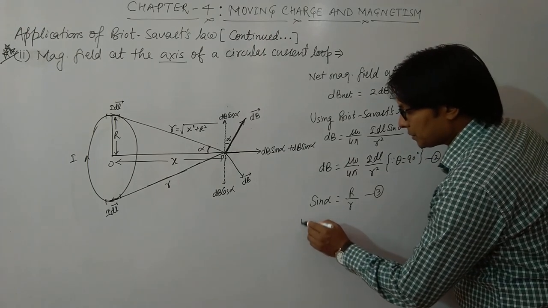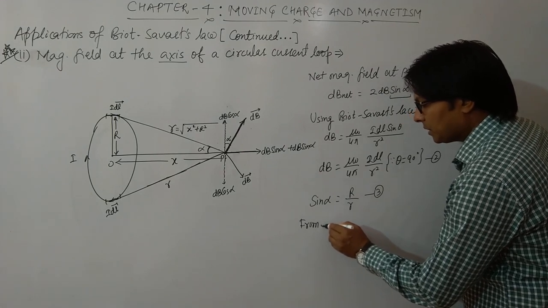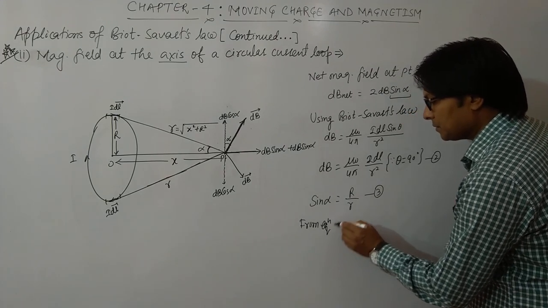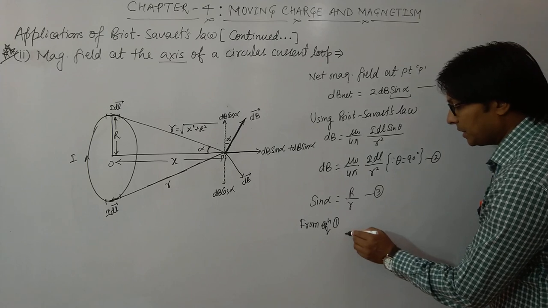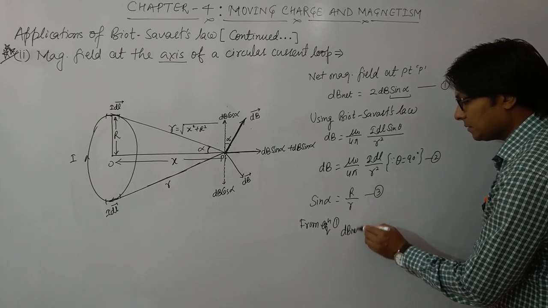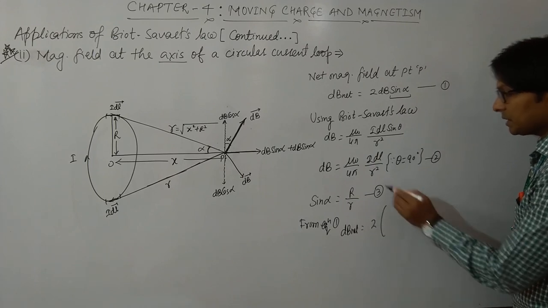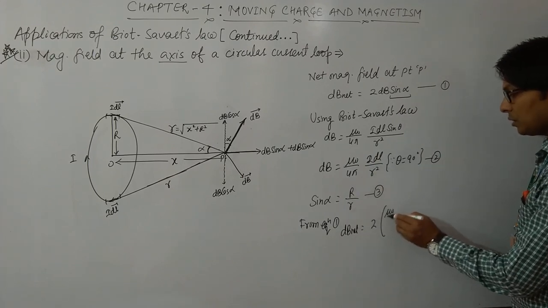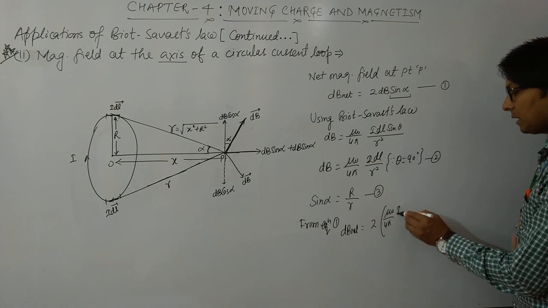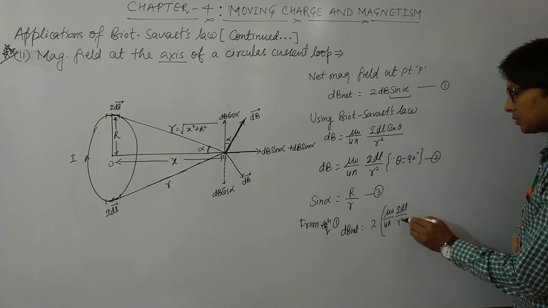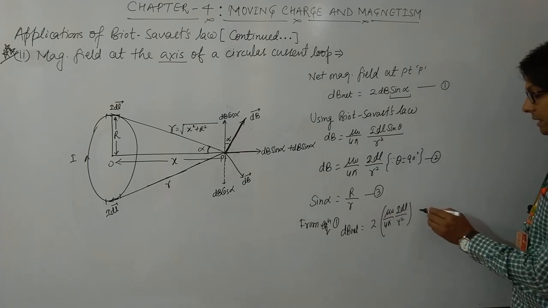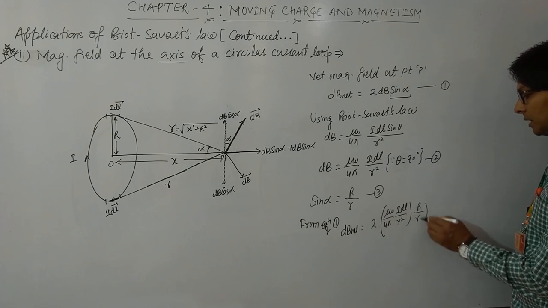So from equation first, what can be written? dB net magnetic field is equal to 2 times dB. dB is mu 0 upon 4 pi I dl upon r square, and sine alpha, that is R upon small r.